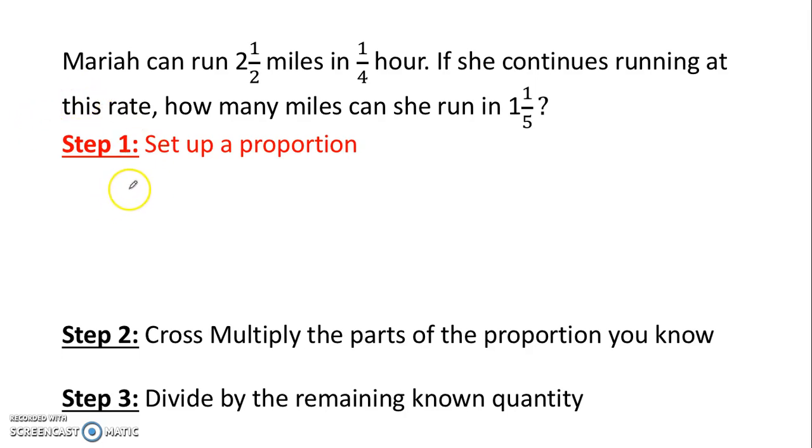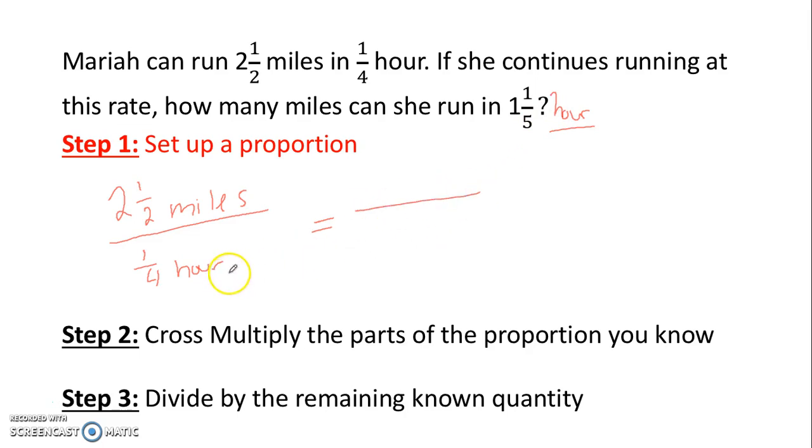We can run 2.5 miles, and I'm labeling it so we can make sure that we set it up right, over 1/4 hour. That's equal to, it's proportional to, what we want to know in 1 1/5 hour.